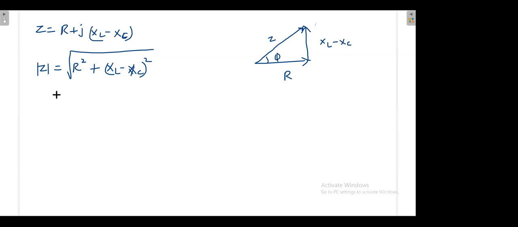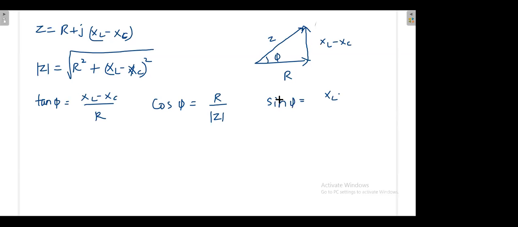Again you can write tan phi is equal to (XL minus XC) divided by R, or otherwise cos phi is equal to R divided by mod Z, or sin phi is equal to (XL minus XC) divided by mod Z. If you include the j term in XL and XC, you have to take the magnitude, because we need only the magnitude.